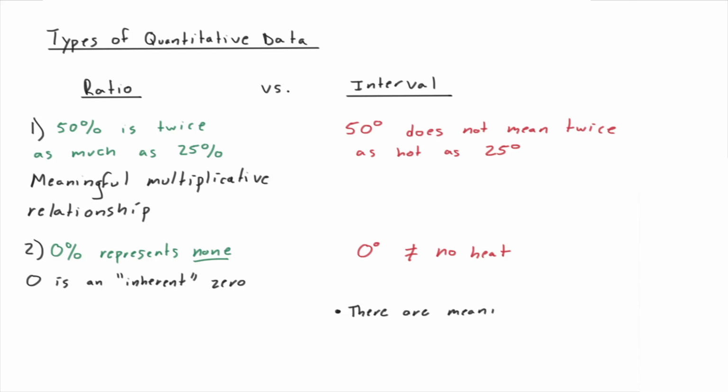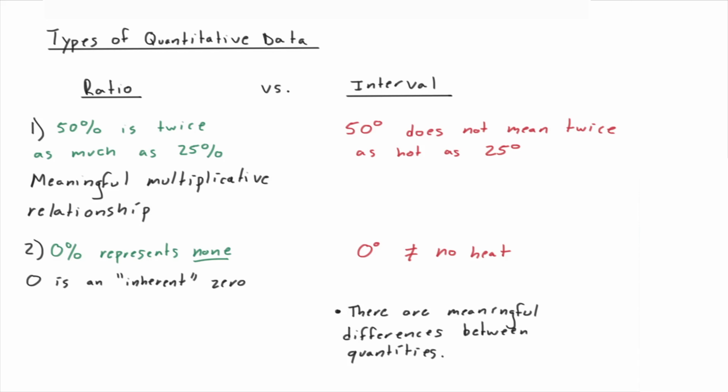Temperature would therefore be an interval quantity, not a ratio quantity. So it's important that we make that distinction. Those two properties feel intuitive in context of an example like proportion of students who own smartphones, but when we think about them in contrast to an example like temperature, we can see they don't apply in all cases. And so that's going to be how we distinguish ratio quantities versus interval quantities.